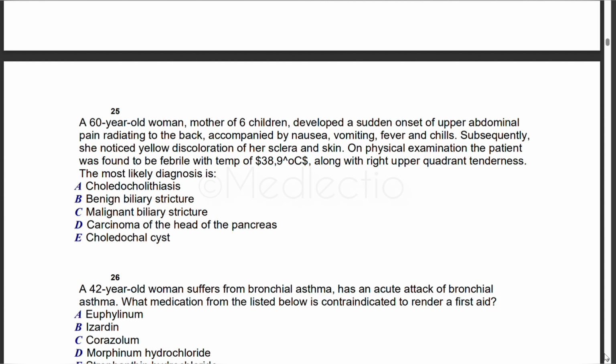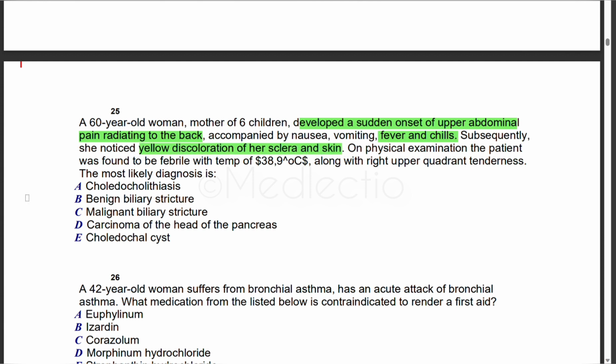Then next one. A 60-year-old woman, mother of 6 children, develops sudden onset upper abdominal pain radiating to the back, accompanied by nausea, vomiting, fever, and chills. Subsequently, she noticed yellow discoloration of the sclera and skin, so jaundice.